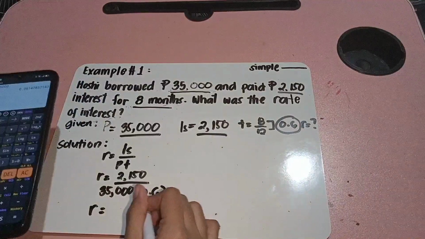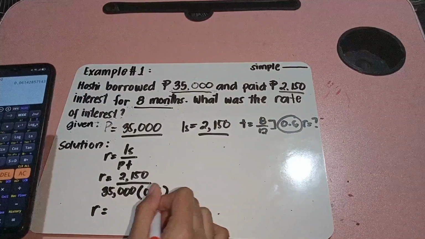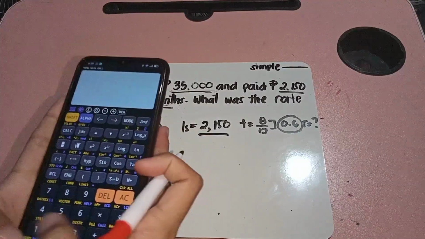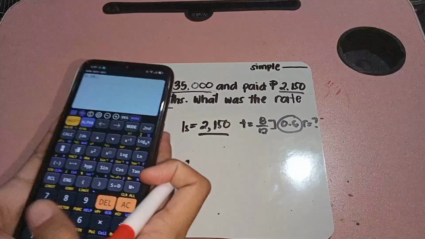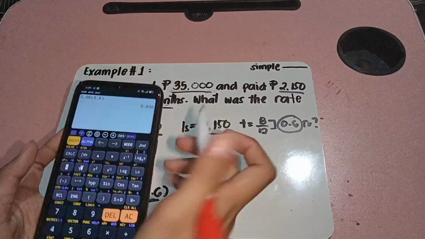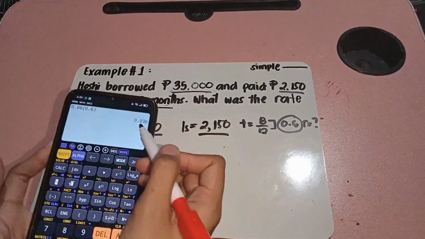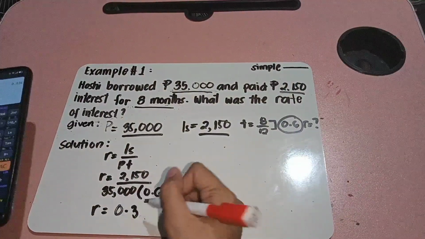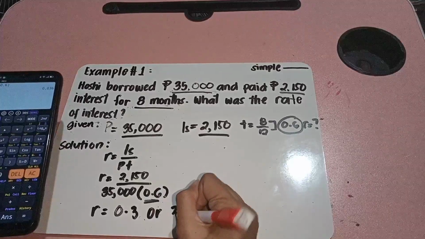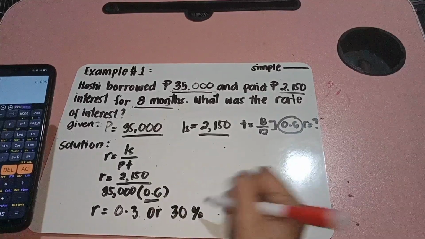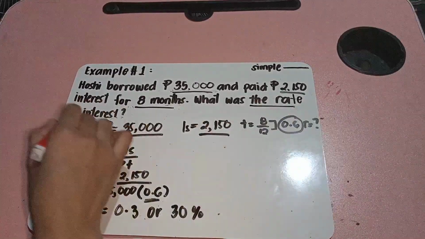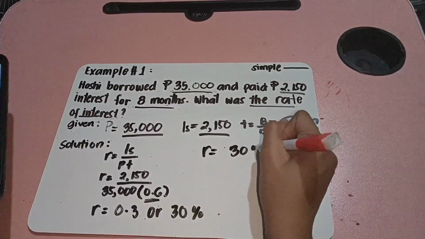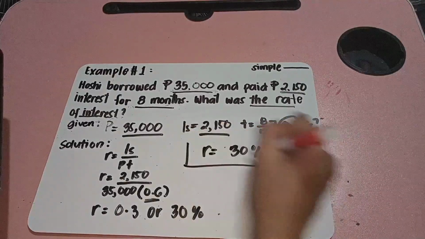So, ipagta-times lang natin siya sa 0.6. 0.06 times 0.6. So, ang lumabas is 0.036. Nalalagay natin is 0.3 or 30%. Therefore, the rate of interest was 30%. Here is our answer.